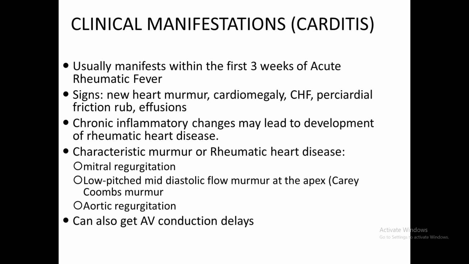And in only 5 to 10% of cases, the pulmonary valve and the tricuspid valve are involved with the mitral valve. So the characteristic murmur of rheumatic heart disease afterwards is mitral regurgitation, and later mitral stenosis, a low-pitched mid-diastolic flow murmur at the apex. The Carey Coombs murmur, I said, is because of the inflammation of the mitral valve. And there will be aortic regurgitation along with it because of the involvement of the aorta.